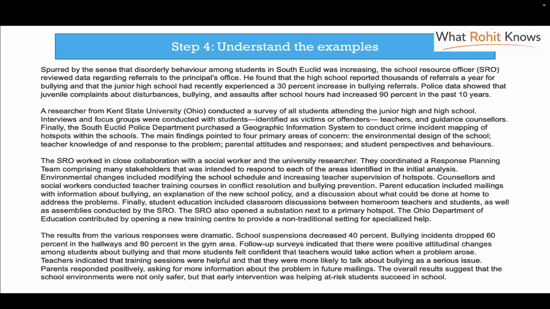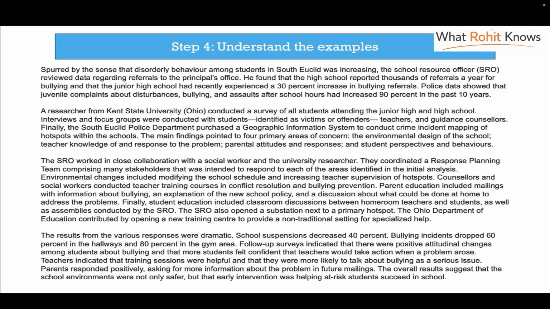Next step is to understand the examples. Now, I say examples, but I also mean additional, supplementary information, which is not really necessary. Even if it was not written in the text, it wouldn't make much difference to the meaning of the text. For example, in the first paragraph, if you look at the last sentence, police data showed that juvenile complaints about disturbances, bullying, and assaults after school hours had increased in the past 10 years.